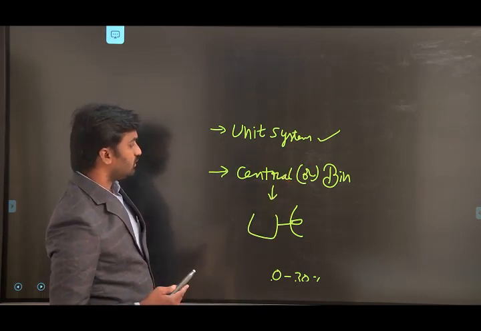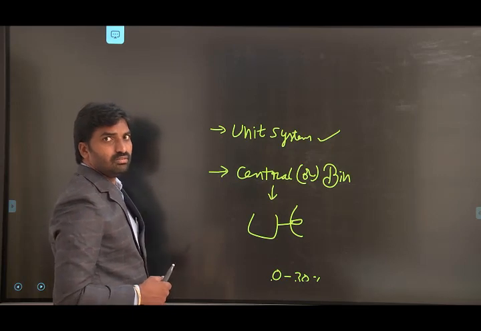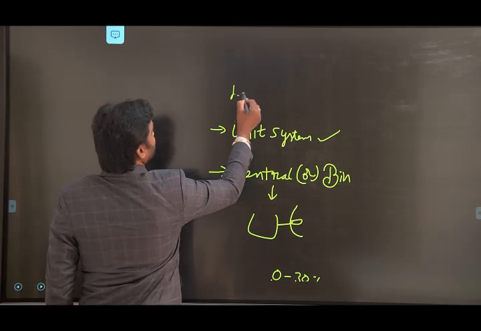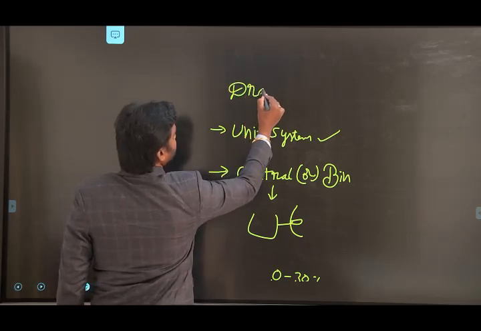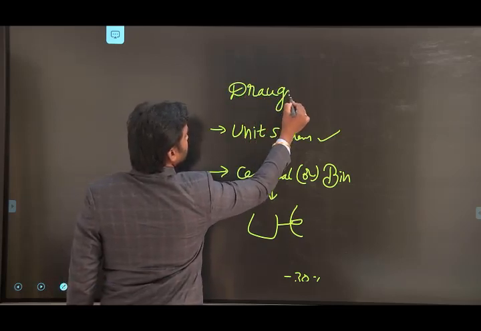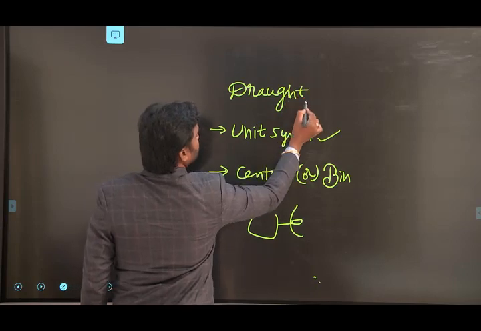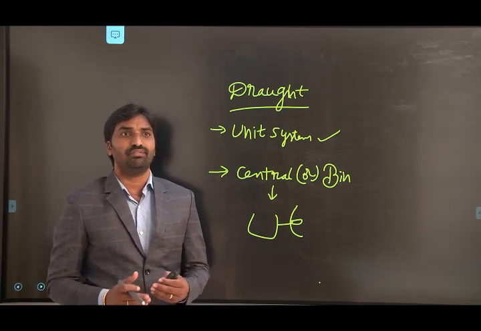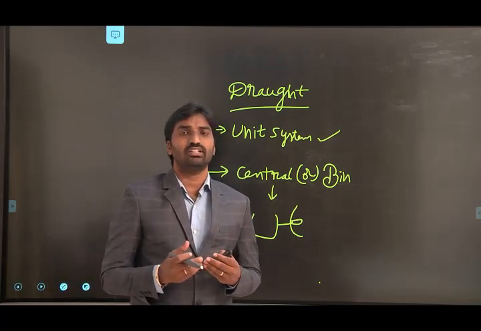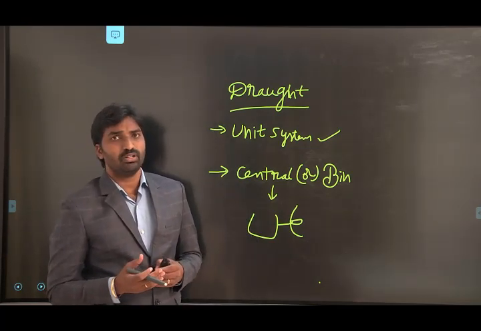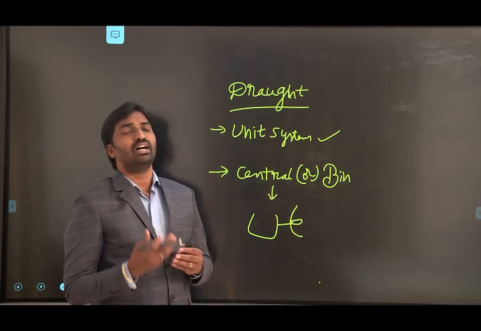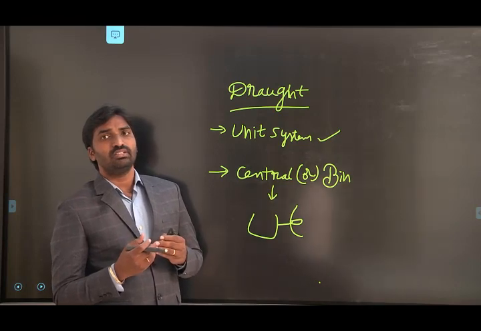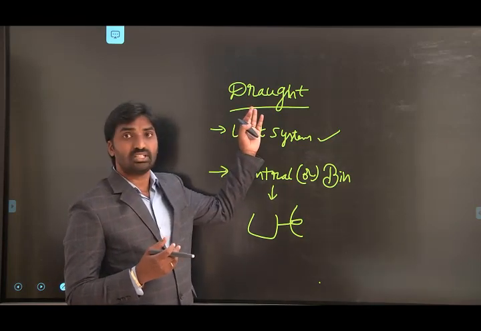Later we discussed the draft system. What is meant by draft? Draft means we are creating a small pressure difference. How can we create it? By using an external device, or otherwise by using a chimney, we can provide the small pressure difference.